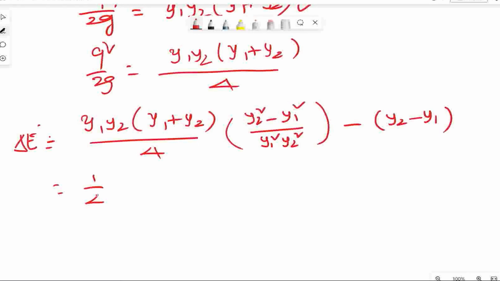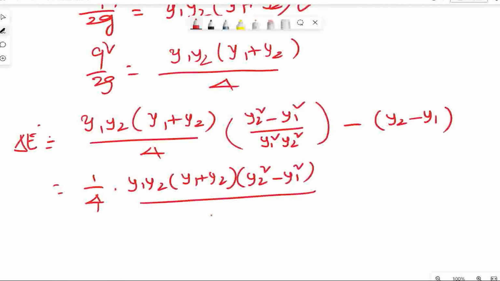So 1 by 4 into y1 y2 into y1 plus y2 into y2 square minus y1 square by y1 square y2 square, minus y2 minus y1.